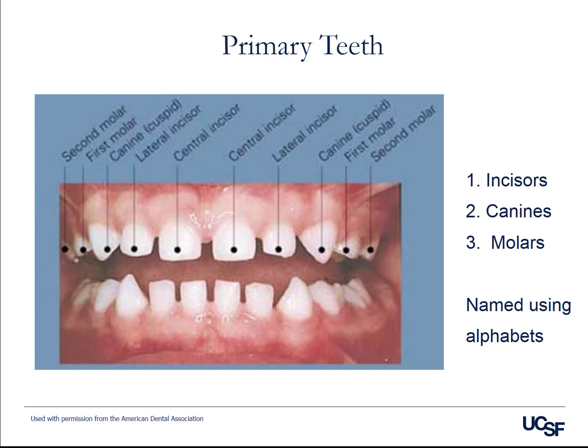So when a child has a full primary dentition, they have 20 primary teeth total, 10 on top and 10 on the bottom. The primary teeth erupt around this age: the central incisor comes in at about 6.5 months, and by the age of 2.5, the second primary molar also comes in.